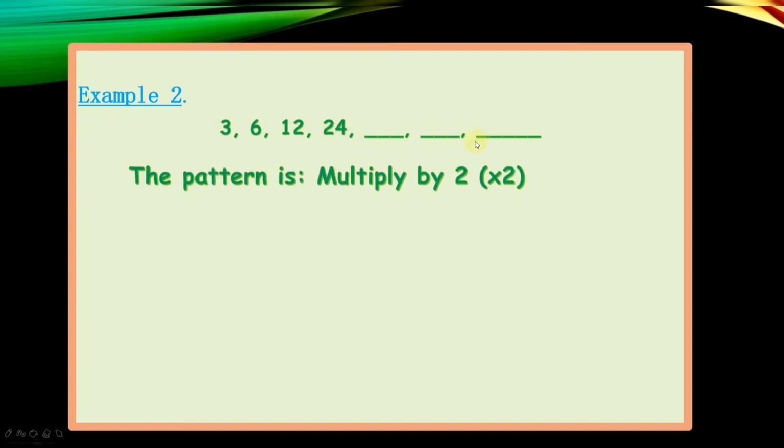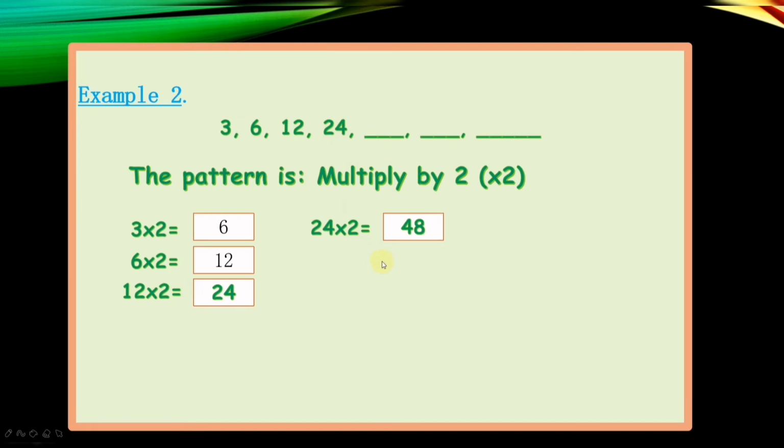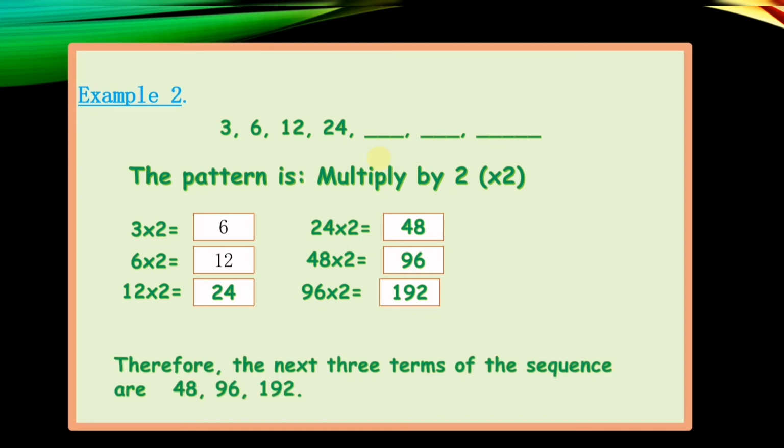So the pattern is multiply by 2. 3 times 2 equals 6. 6 times 2 equals 12. 12 times 2 equals 24. 24 times 2 equals 48. 48 times 2 equals 96. 96 times 2 equals 192.